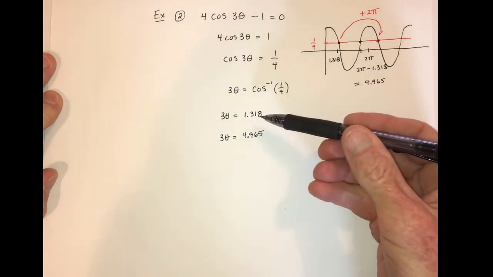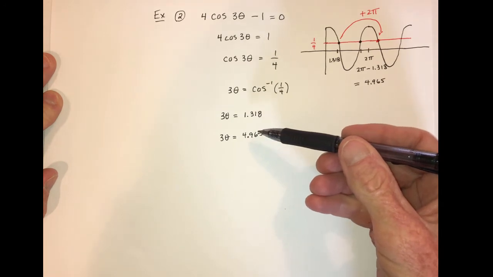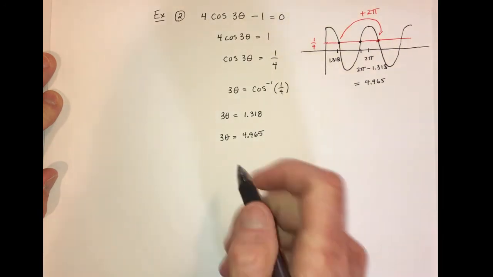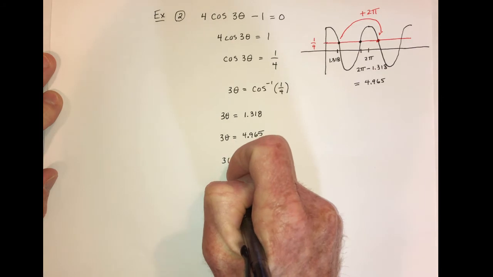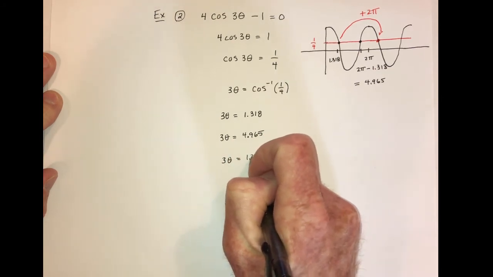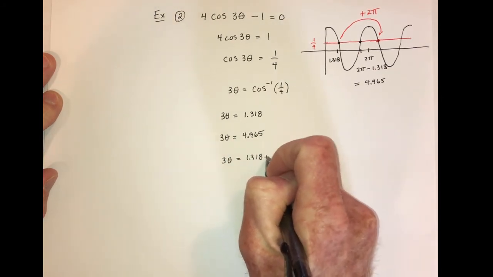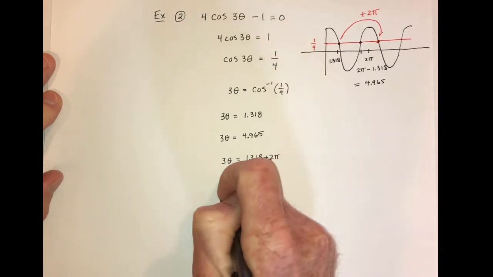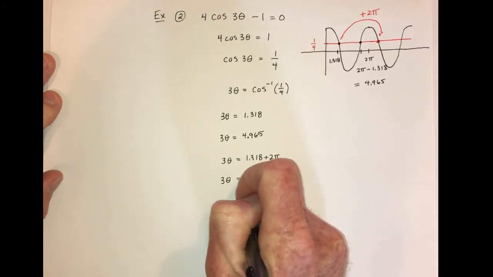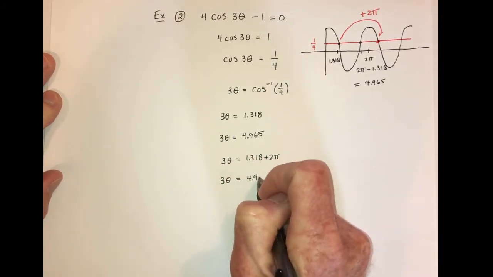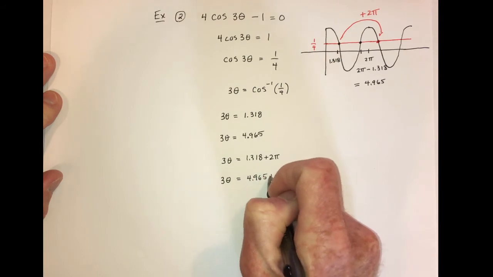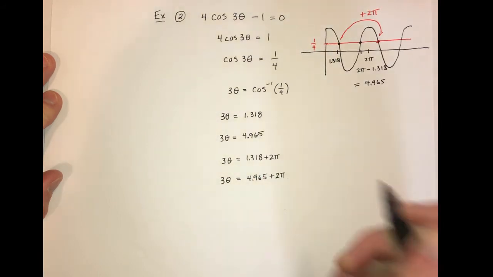So essentially what I need to do is get the first 2 answers and then add 2 pi to each one. And then it's still 3 theta equals, and then just take each decimal and add on 2 pi.